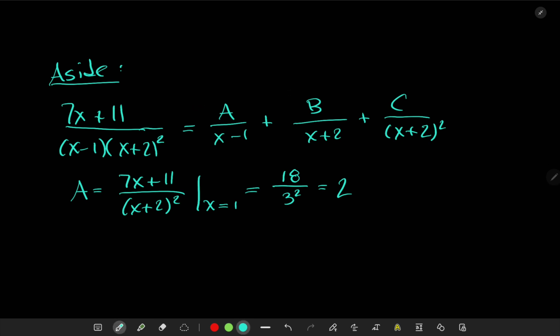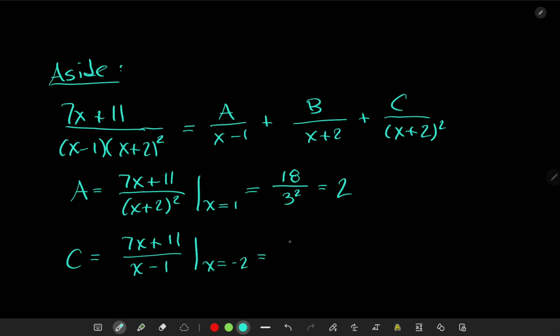All right, so now c, the one I can compute by just evaluating 7x plus 11 over x minus 1. So I'm ignoring this whole thing, which is the one that makes that one 0. But I can only do it for the largest degree. I cannot do it otherwise. And I want to evaluate at negative 2. That's what makes that equal to 0.